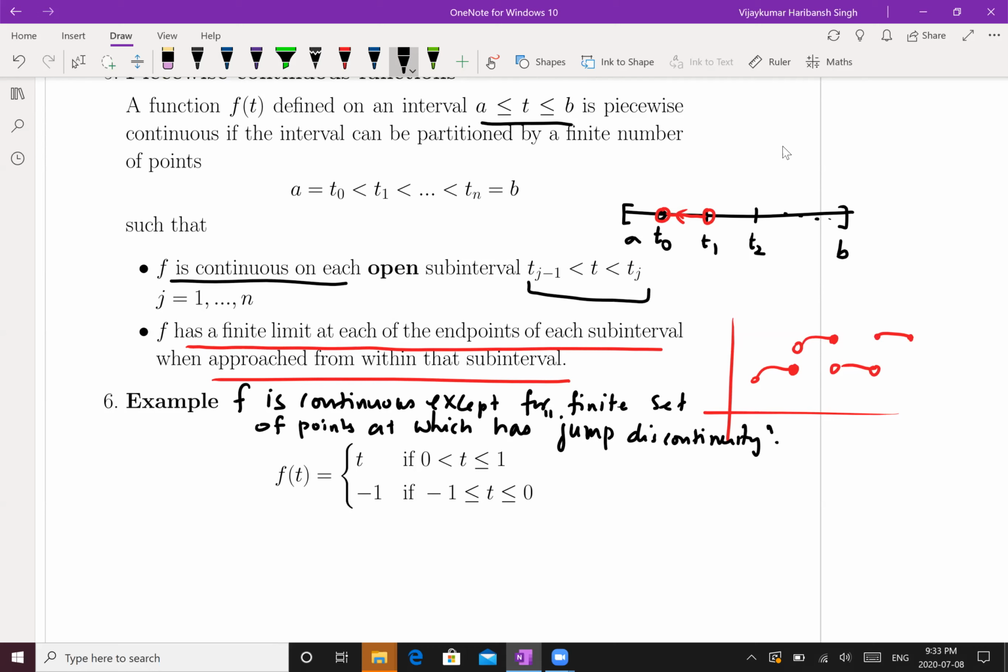So it should only have jump discontinuities at those points.